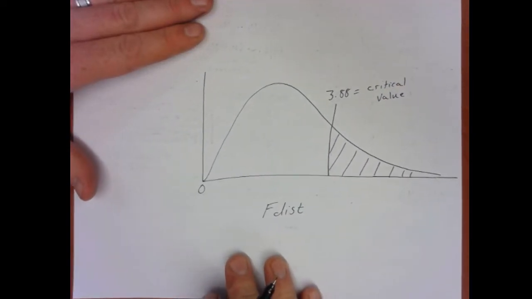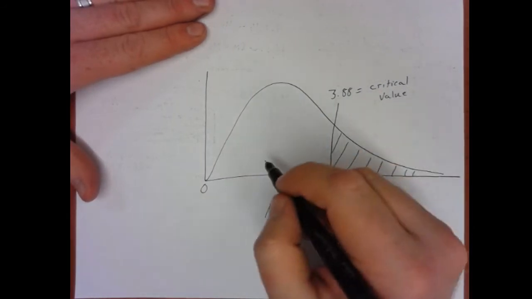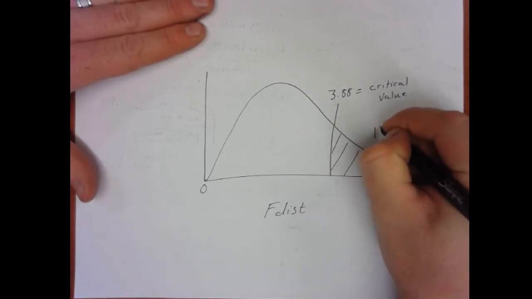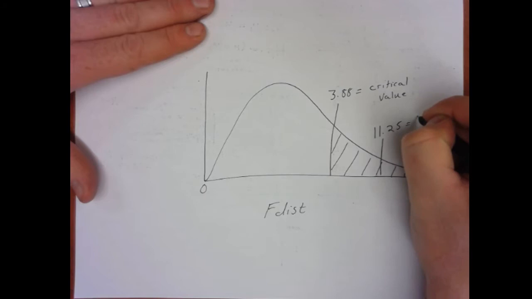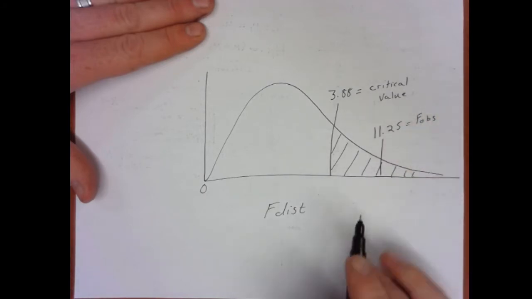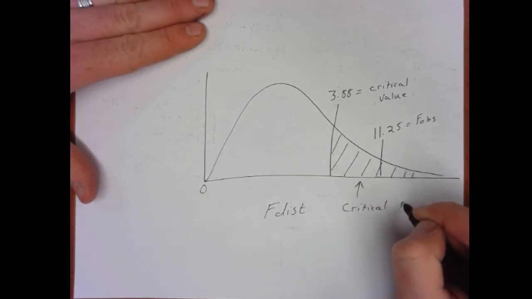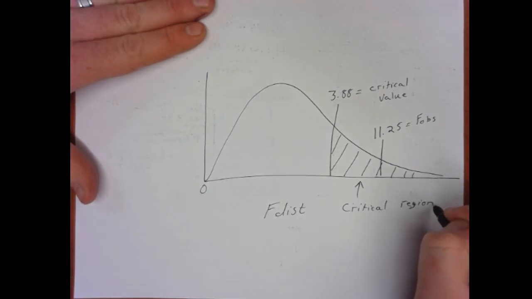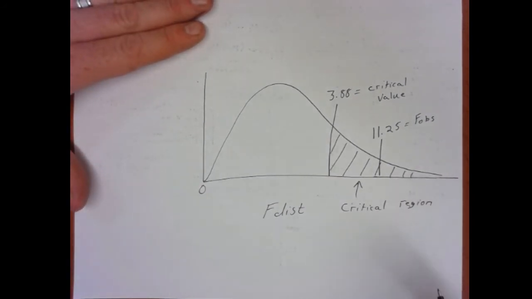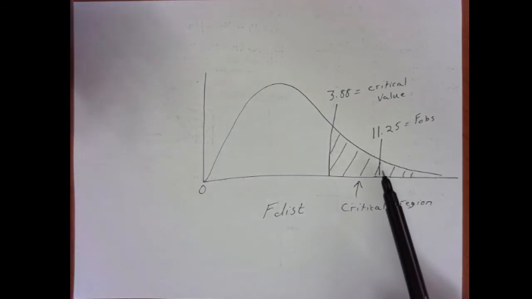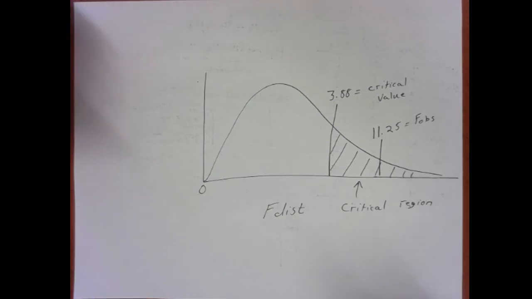And then we have that observed test statistic, which is not between 0 and 3.88, but it's actually 11.25, which is out here. So our test statistic is falling within the critical region. Therefore, we end up rejecting the null hypothesis, because this critical region are those F values that would be unlikely to happen due to random chance, specifically less than a 5% chance, because we're using an alpha of 0.05.